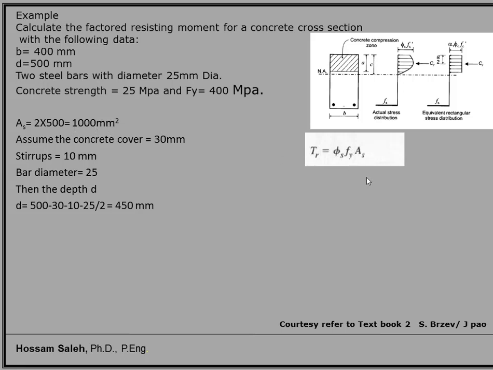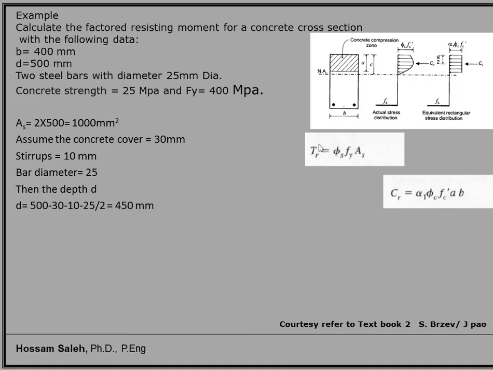Now when we calculate this Tr, we know that Tr will equal Cr, and Cr is this value here, equal to alpha 1 times phi c times F prime c, and we know these parameters, times a times b. a is the depth of the compressive zone here, and b is the width of the beam. So I know b in this beam, which is 400 millimeter.